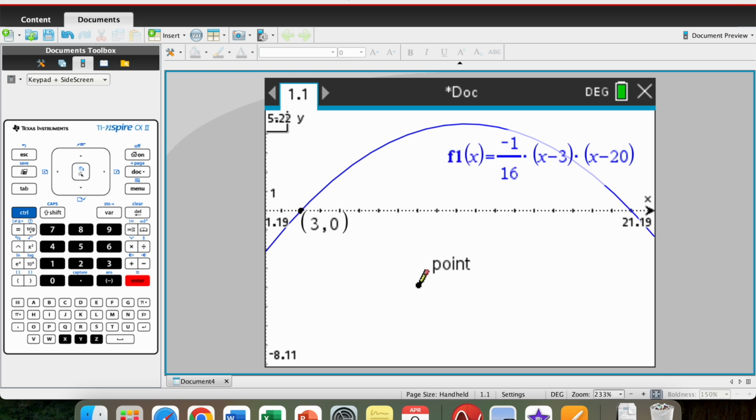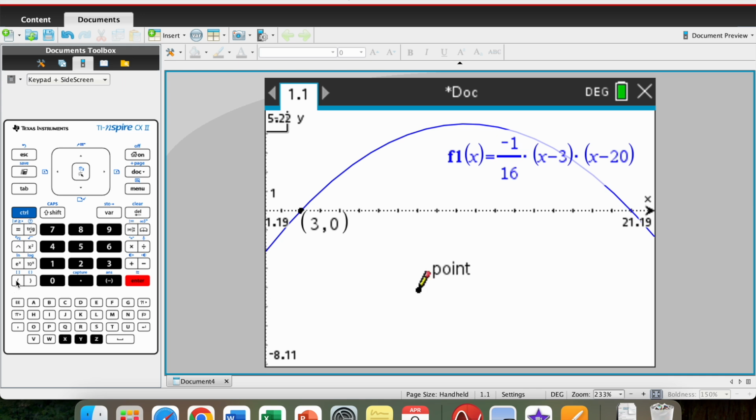Now I have to create the next point (20, 0). You can see my mouse pointer is still the pencil cursor. It is ready to plot the next point. So I don't have to go to menu, geometry and repeat the process, because the point by coordinates tool is already active.